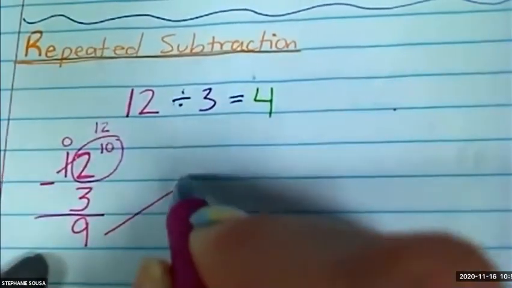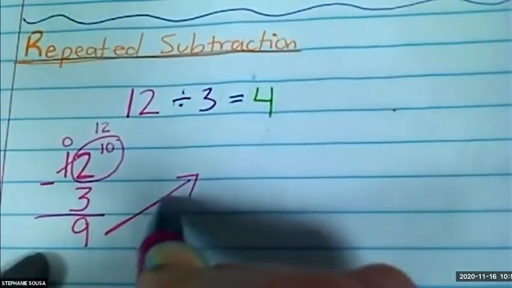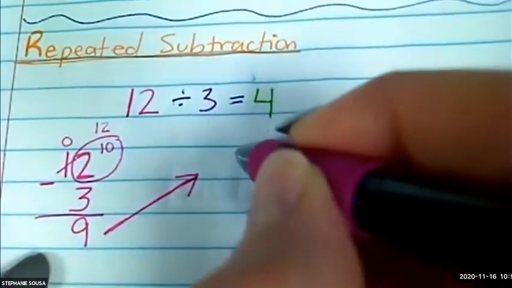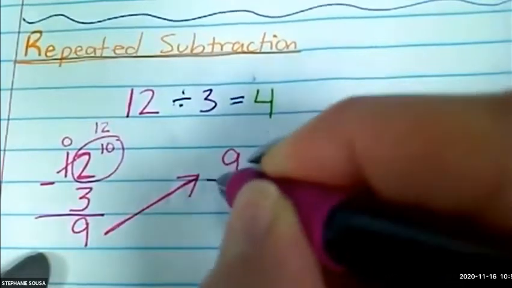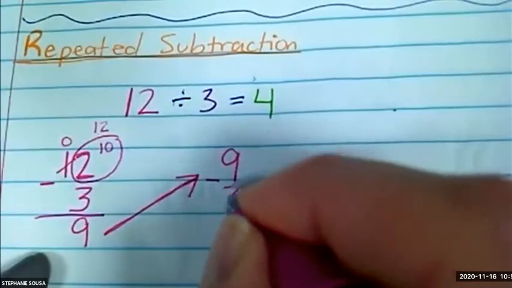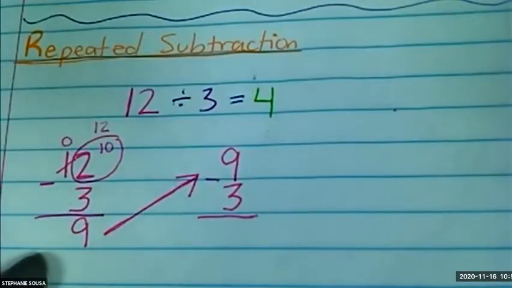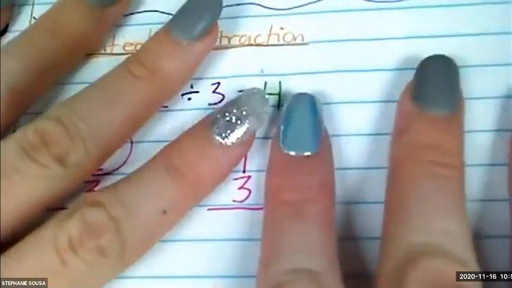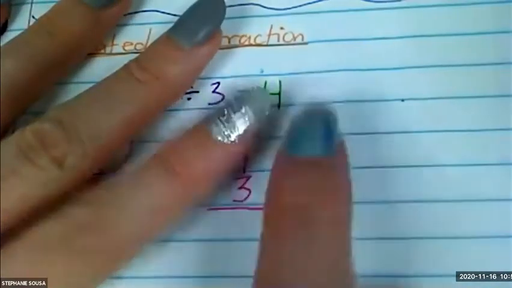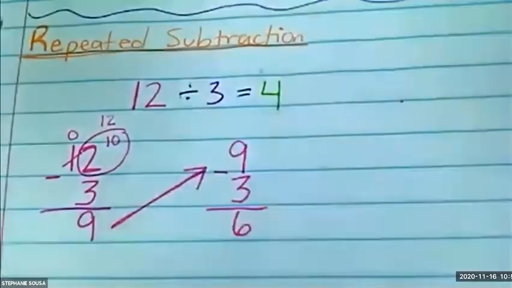We're going to start a new subtraction equation. So I'm going to draw an arrow up to the top to bring my 9 up here. And then I'm going to subtract the same amount again. We're dividing by 3. So 9 subtract 3. If I have 9 fingers and I subtract 3 of them, I am left with 6 fingers. So 9 subtract 3 is 6.